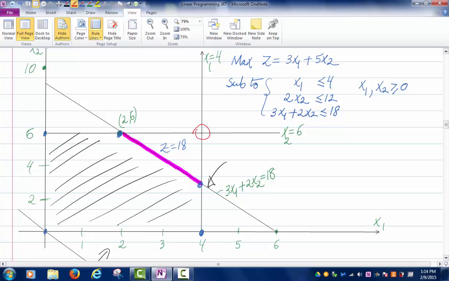If I have not, then I'm going to move to an adjacent corner point solution. And then I'm going to ask the same question: is it optimal? If it is not optimal, then I'm going to move to the next adjacent solution.